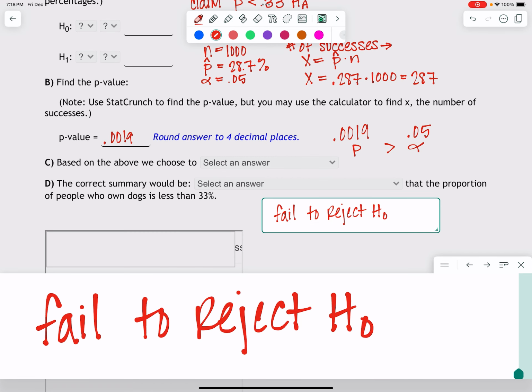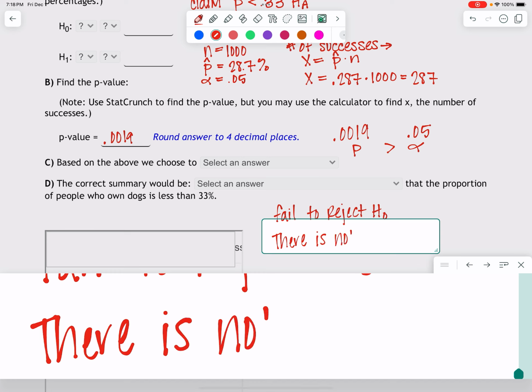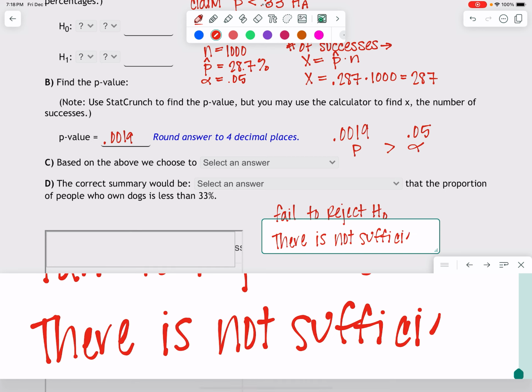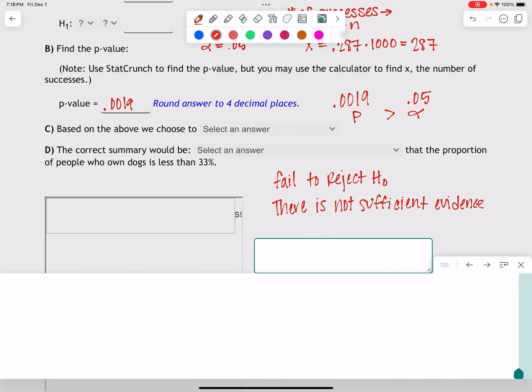So that means we do not have sufficient evidence to support the claim.